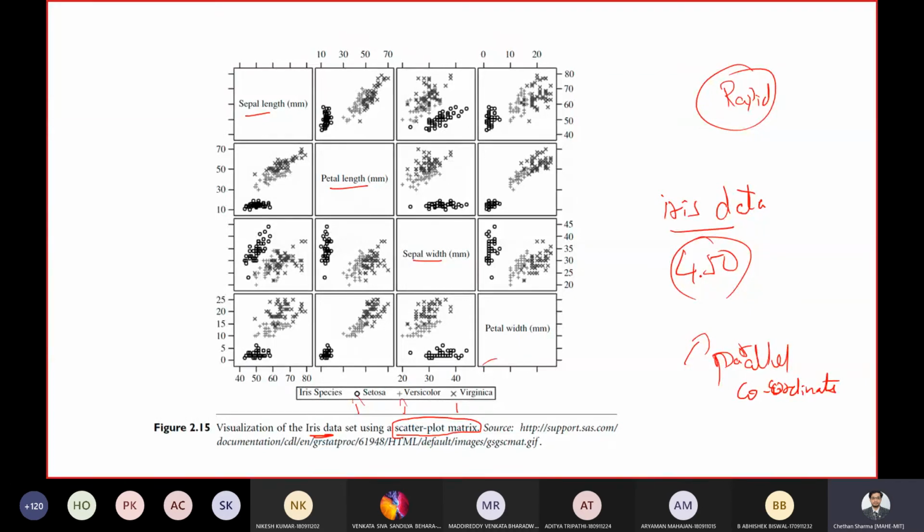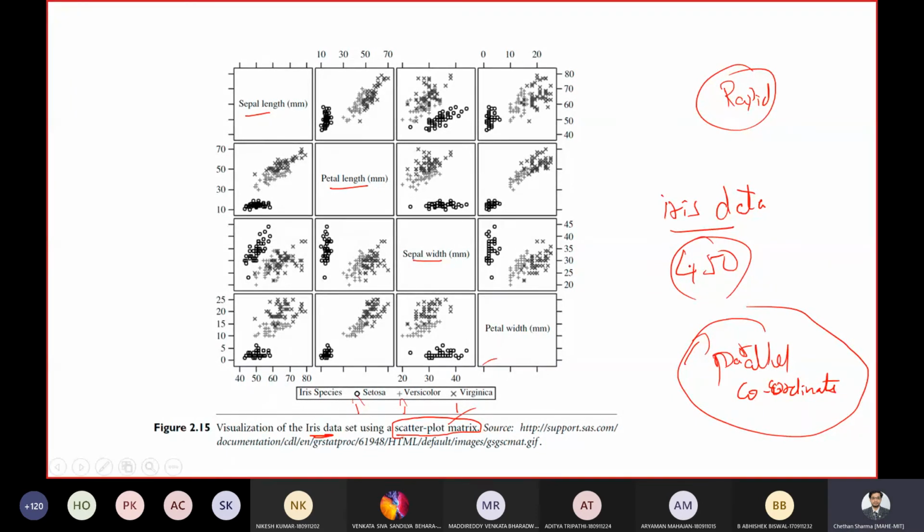Up to a certain number of dimensions it works well. But if the dimension increases beyond a certain limit, even the scatter plot matrix might fail. In that case, you go to a method called parallel coordinates. Okay.